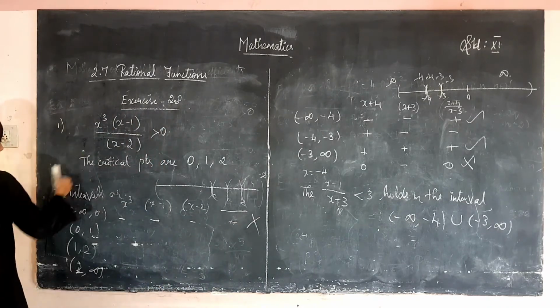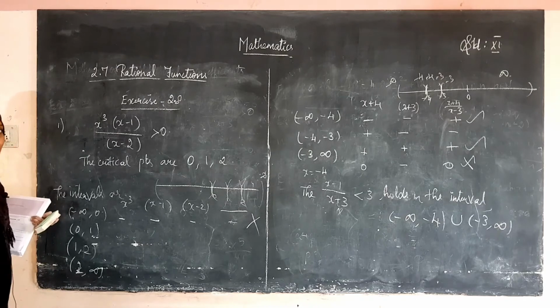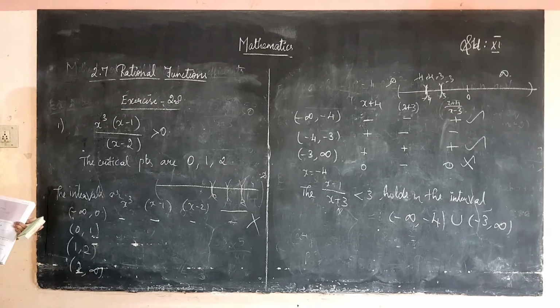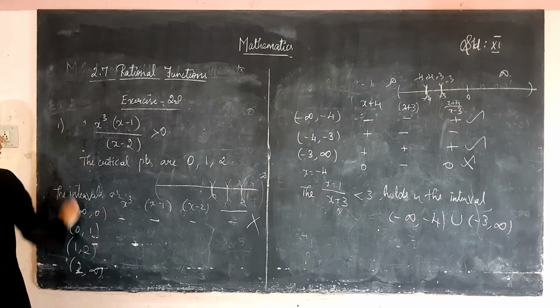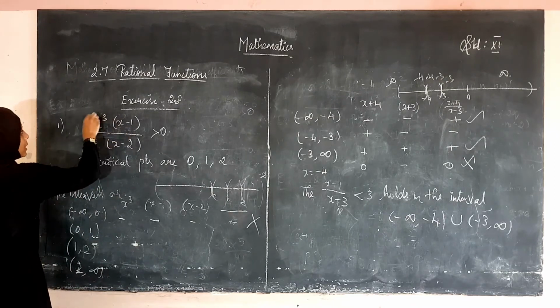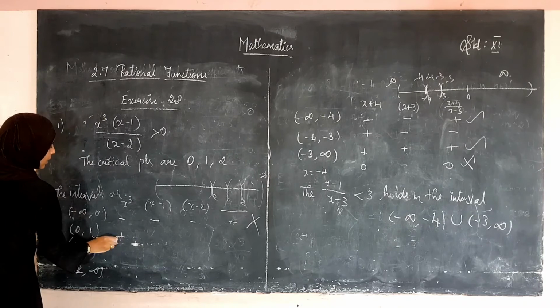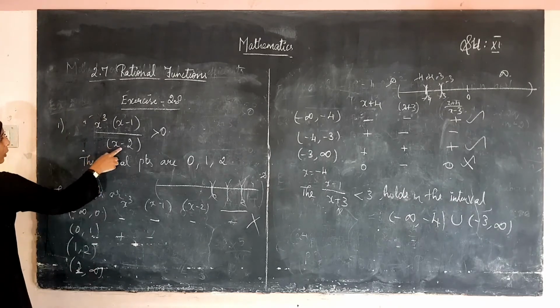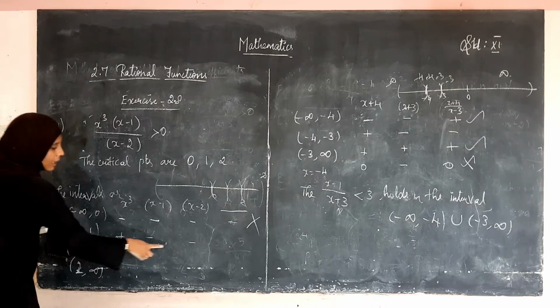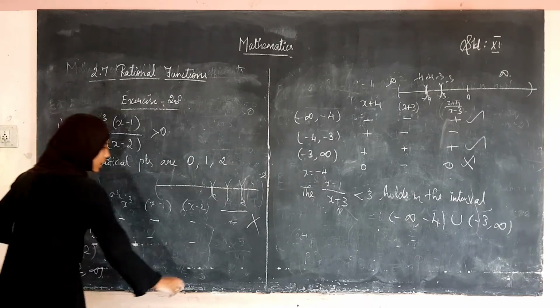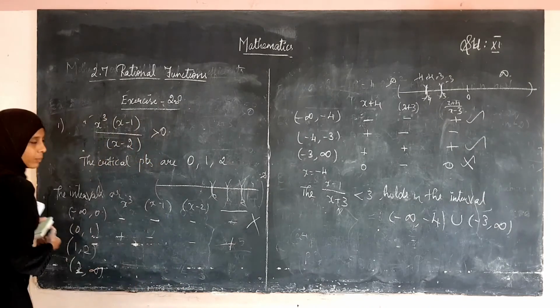Okay, and then the next interval 0 to 1, shall we take 0.5, that is 1 divided by 2. 0.5 cube is plus, 0.5 minus 1 is minus, and 0.5 minus 2 is also minus. So in the numerator we have minus and in the denominator also minus, so this becomes plus.